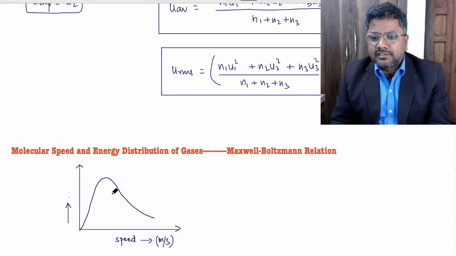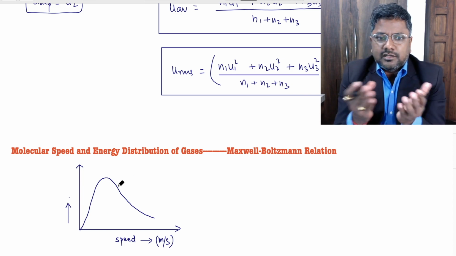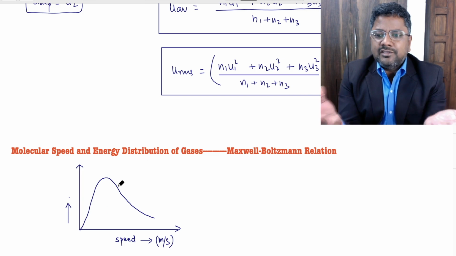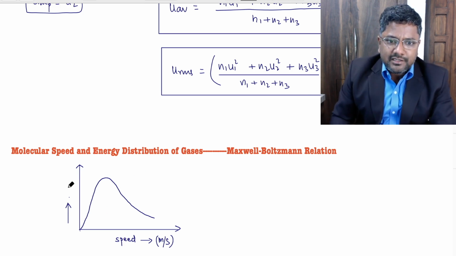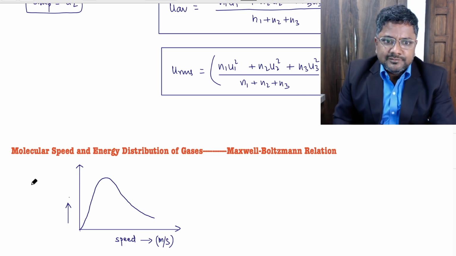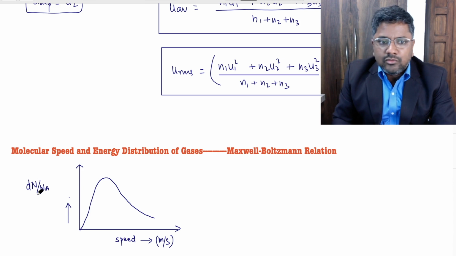The area under the curve must be dimensionless, then only this will give you the fraction of molecules. So basically this y-axis is dN by Na, means fraction of molecules present in 1 mole, divided by dV.